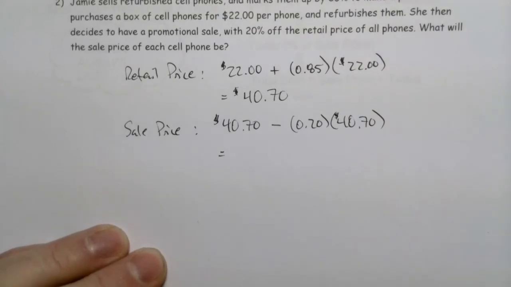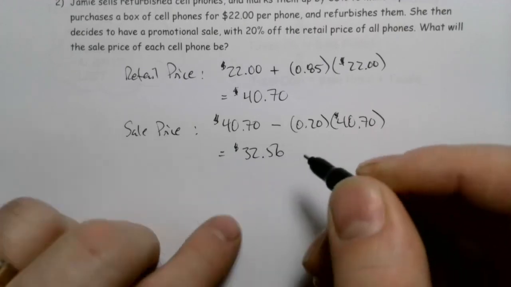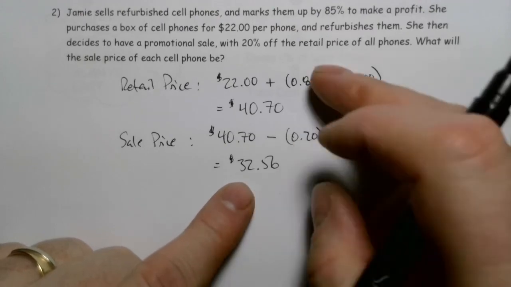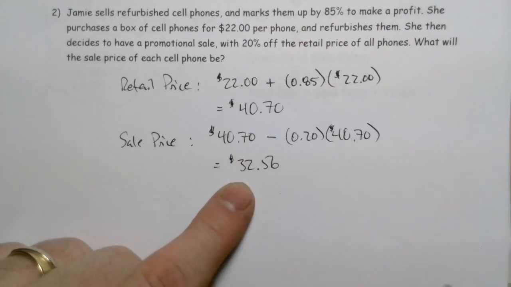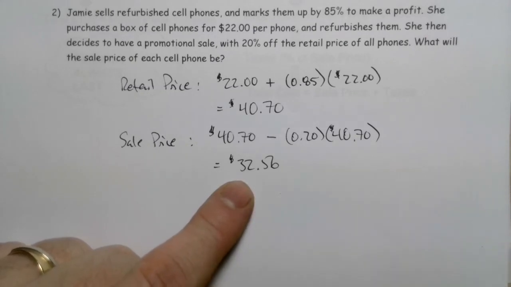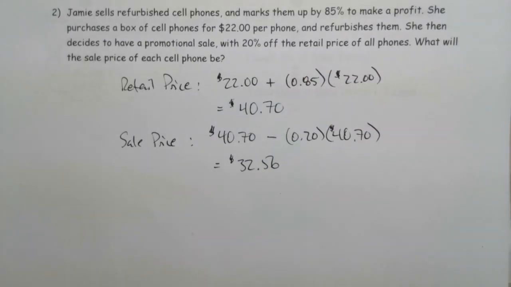So again, that's just a little bit of calculator work off to the side. 40.70 minus 0.2 times 40.70, and I get $32.56. Now, interestingly enough, notice that she's still making a profit because she paid $22 for each phone and she's charging $32.56 for each phone. So even though she's giving people a deal, she's still making a bit of a profit, just not as much of a profit. The whole idea is that by doing that you're hoping to entice more people to buy.